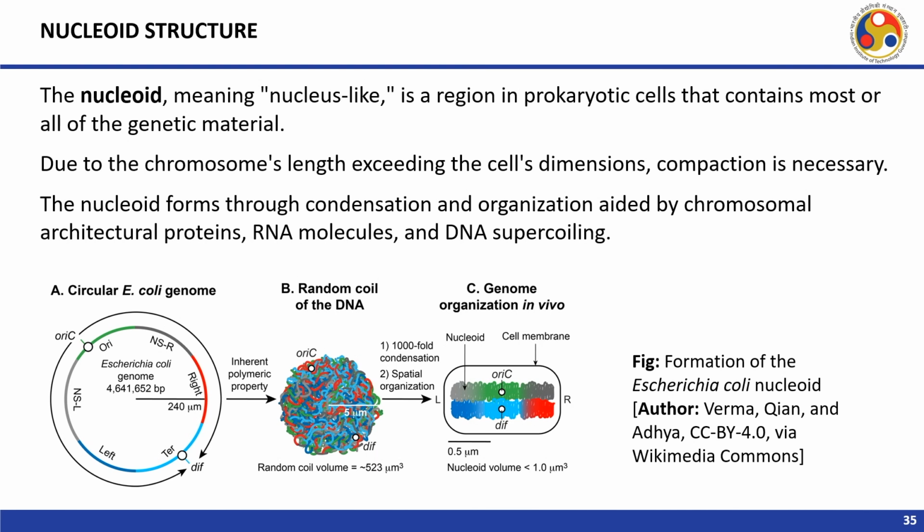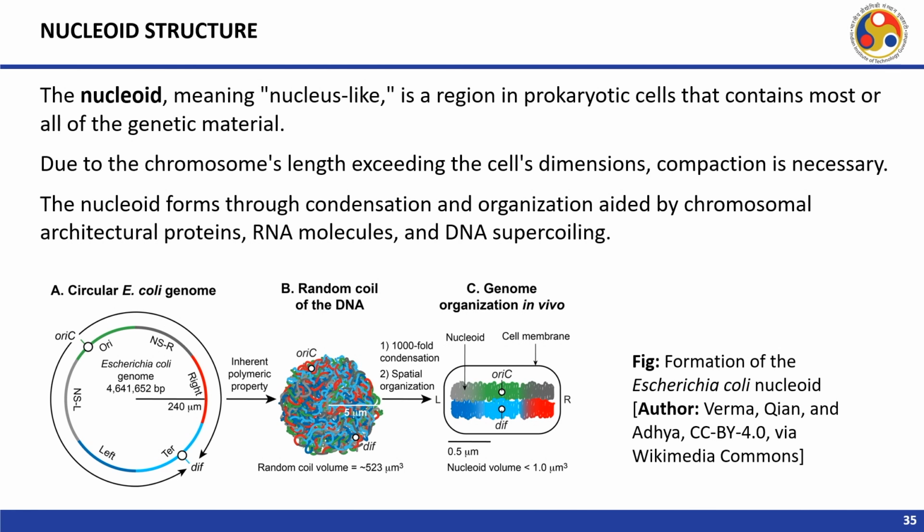For example, here you can see the circular E. coli genome, which is quite big in diameter when it is open. So, there will be random coiling of the DNA, and finally, this will be organized into a very compact structure, giving rise to the nucleoid.